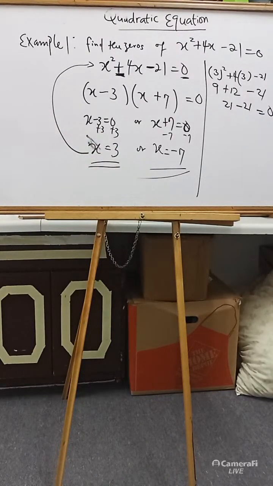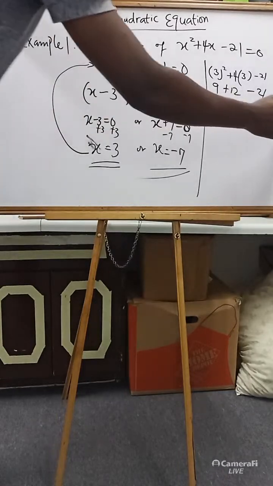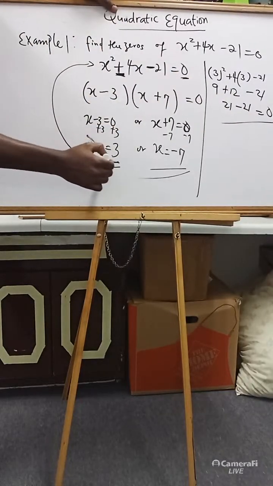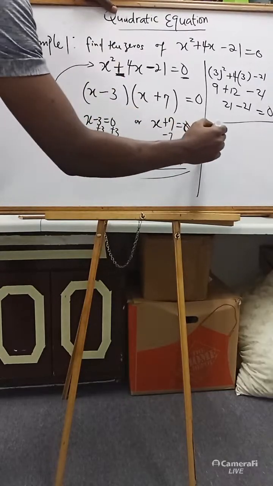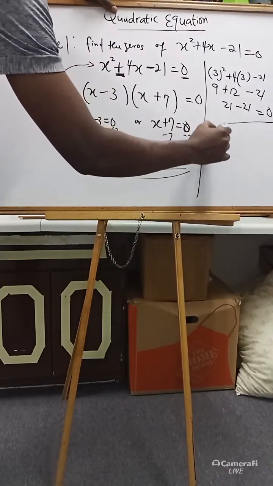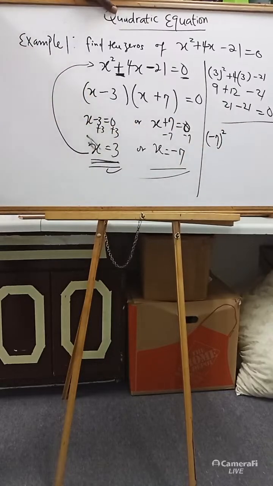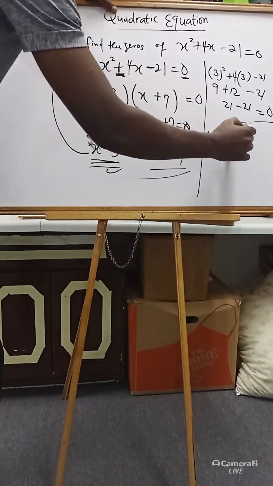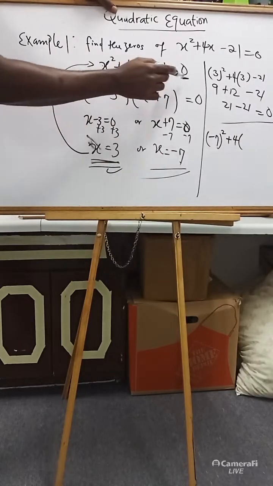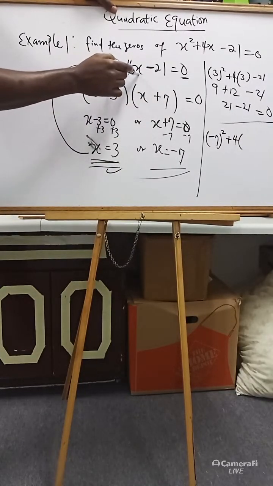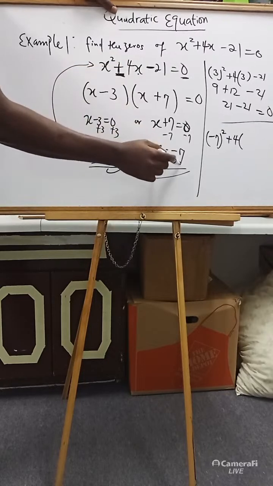Now let's confirm also for negative 7. We've confirmed this and we can see that this works. So for negative 7, we have negative 7 all squared plus 4 times negative 7 minus 21. Don't forget we are plugging in this value into the given equation to confirm if our answer is accurate.